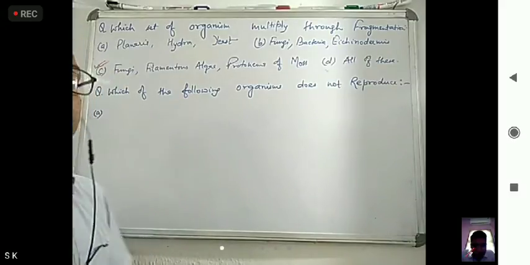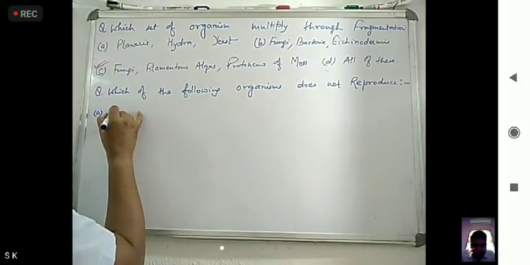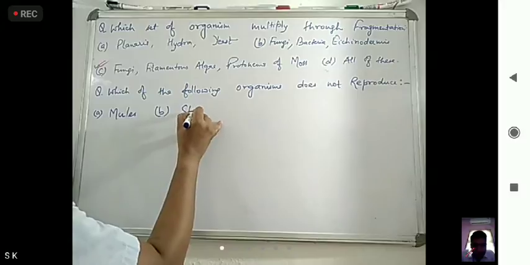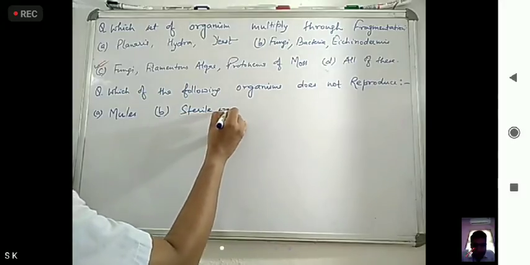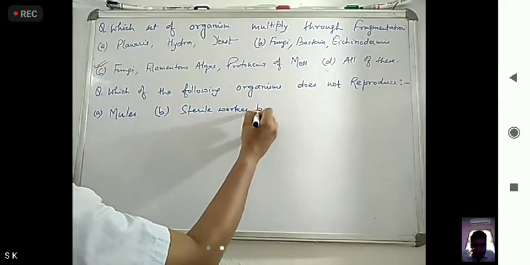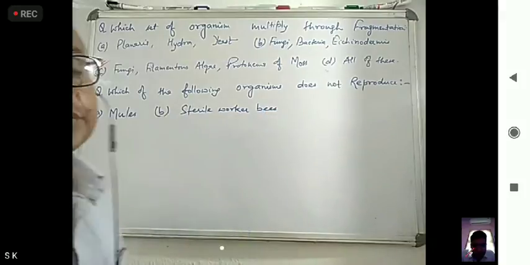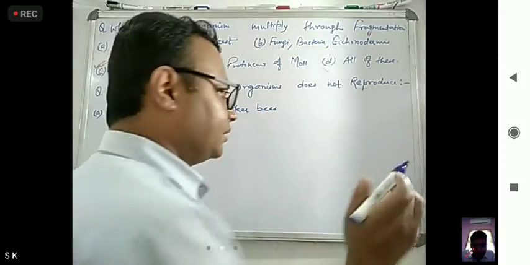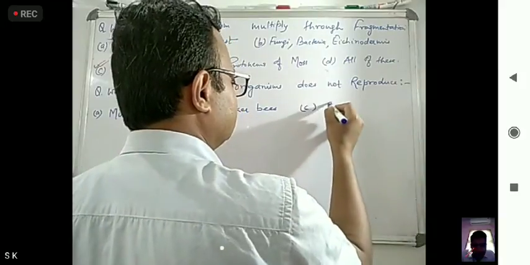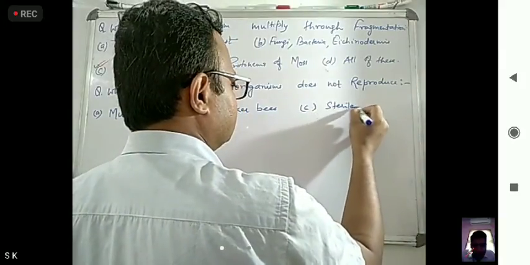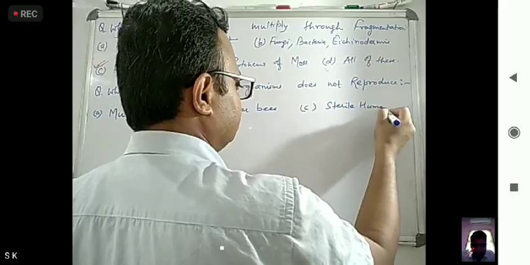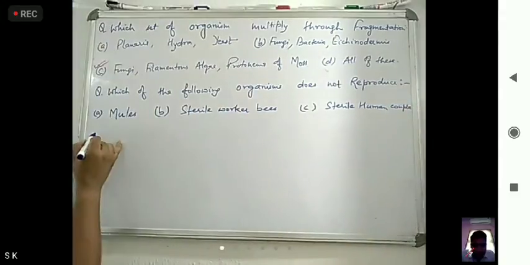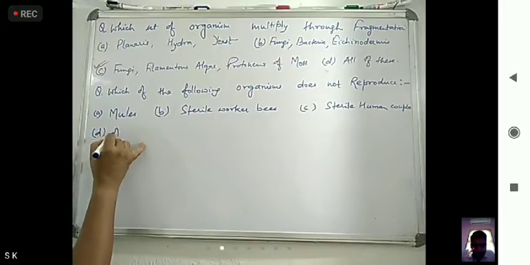First is mules. Next is sterile worker bees. Next is sterile human couple, and next is all of these.